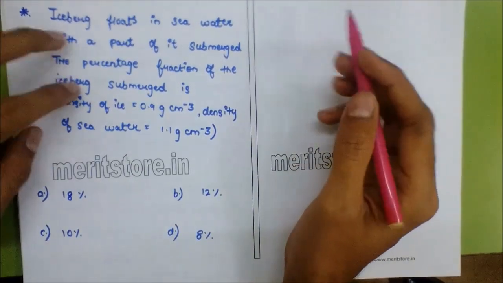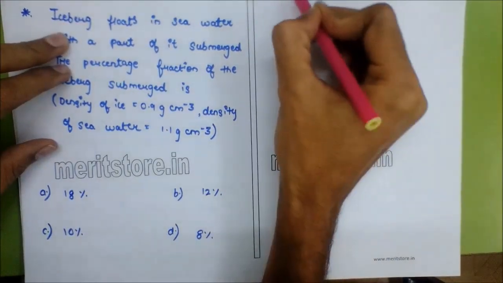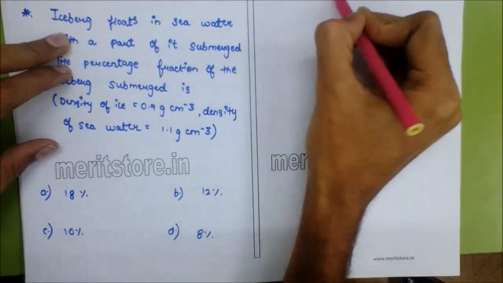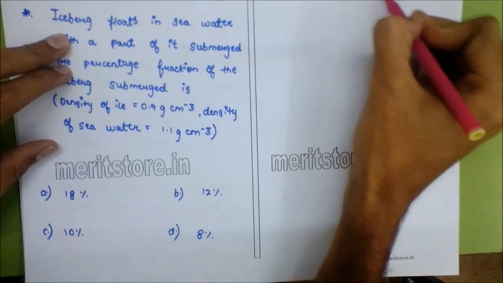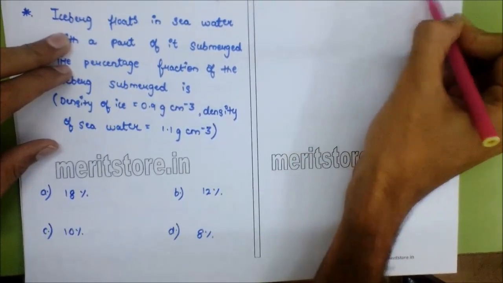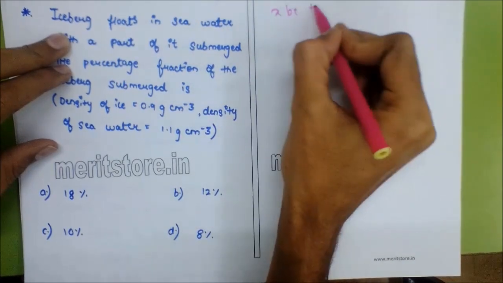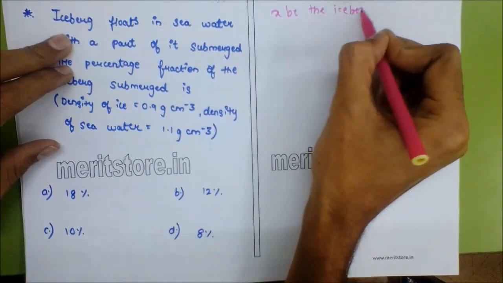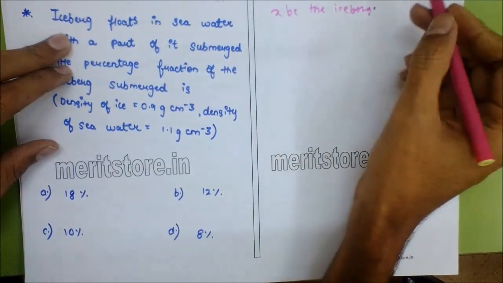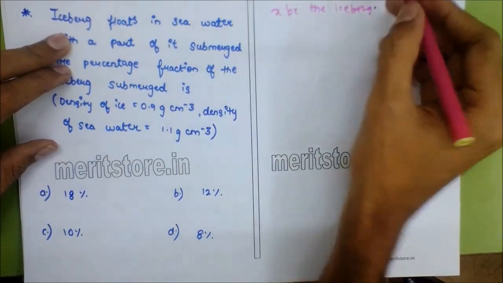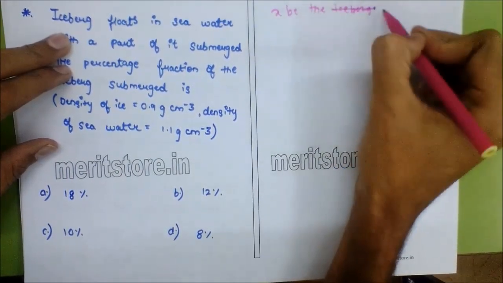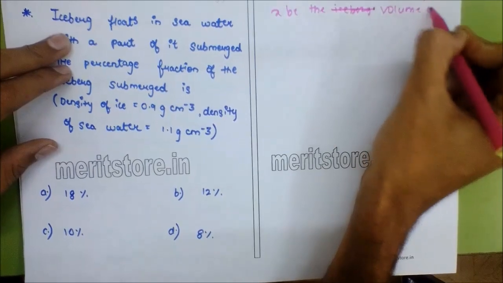So we'll take V as the volume of the iceberg, and let X be the volume which is out of the seawater.